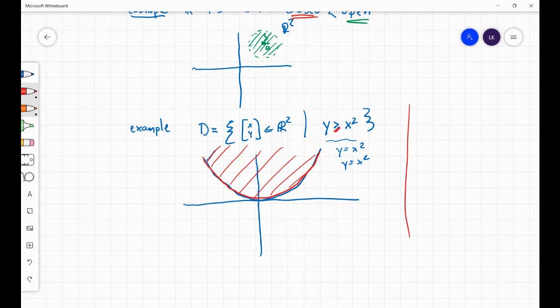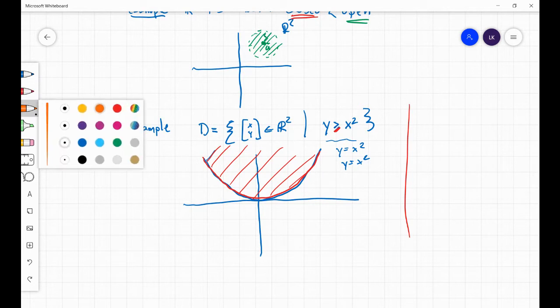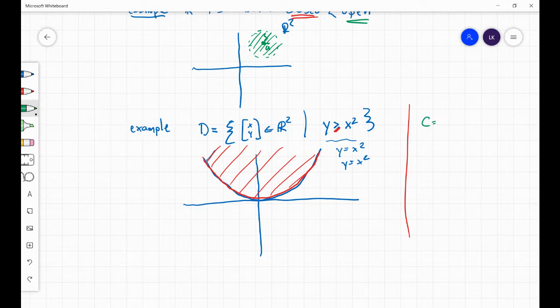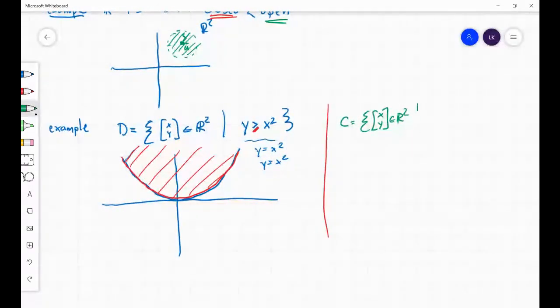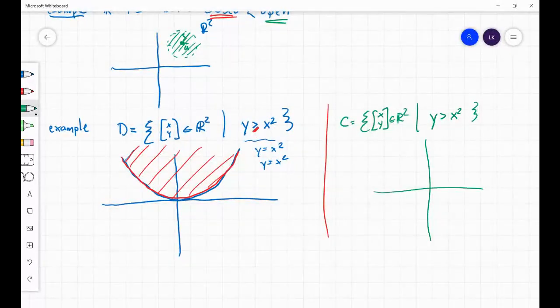As opposed to if you had a different region, call it C, where y is strictly greater than x squared, then if you draw the boundary, we would typically use a dashed curve to indicate that the boundary is not included.